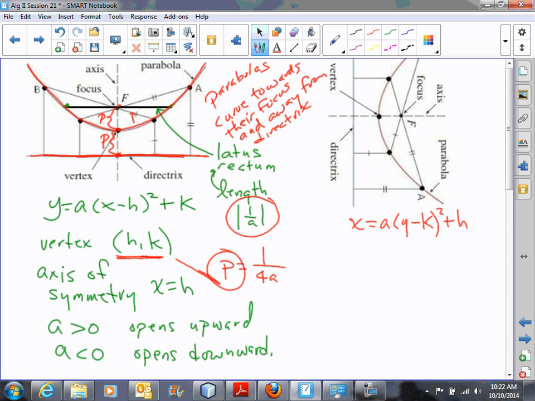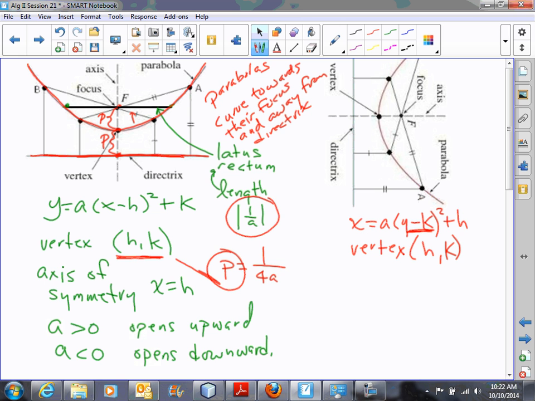In this particular case, notice that h is associated with x and k is associated with y in both cases. So the vertex of this parabola is going to be the point (h, k) again.